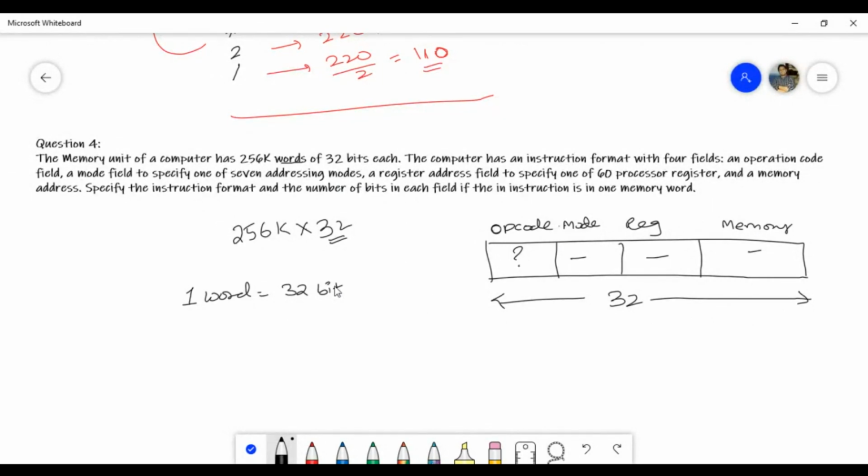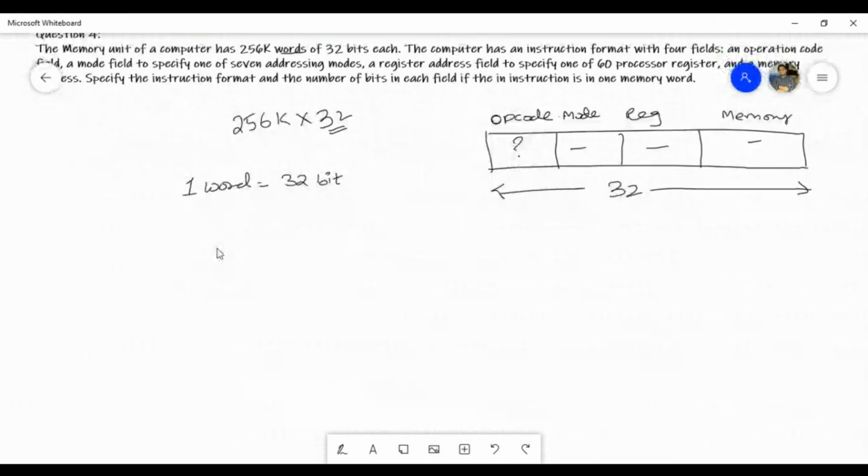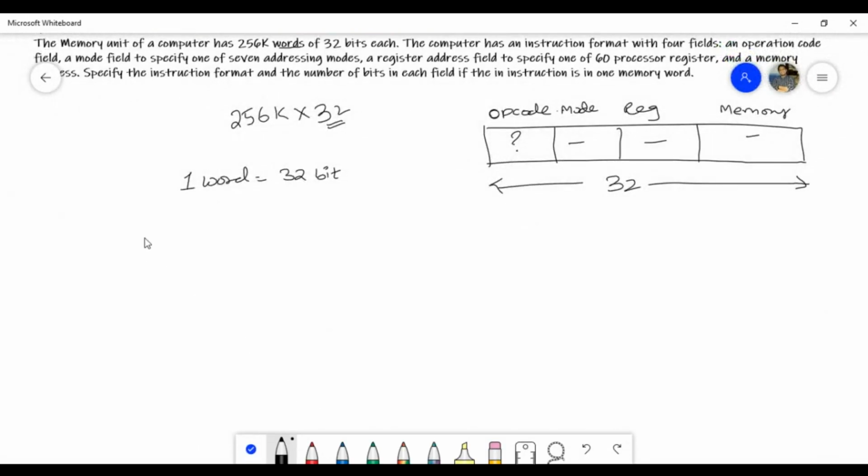So let us start step by step. First, what is given? The mode field is given as 7.